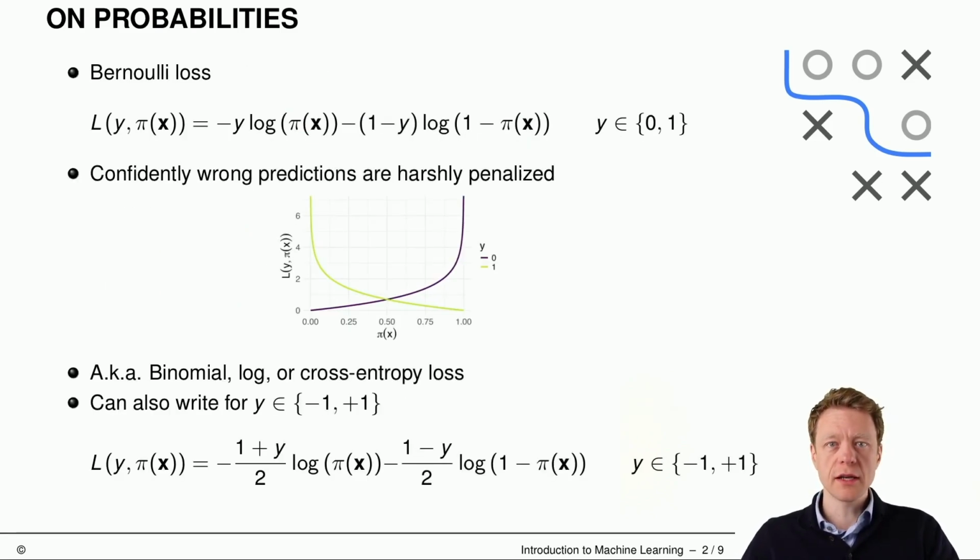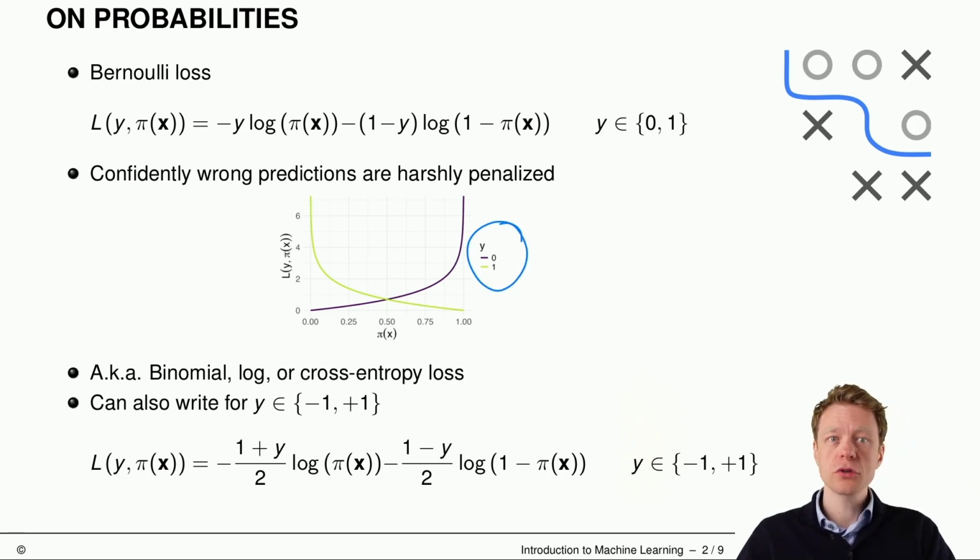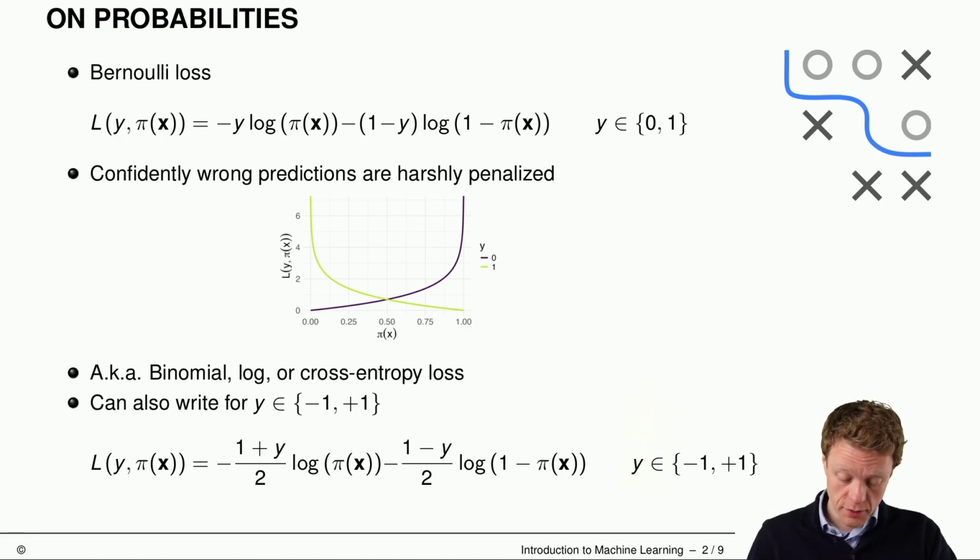Here the same formula again. Let's look at that formula a little bit closer. If we plot this formula here, we have to distinguish between the two cases that the true target y is 0 or 1. Let's start with y equals 1, this line here.